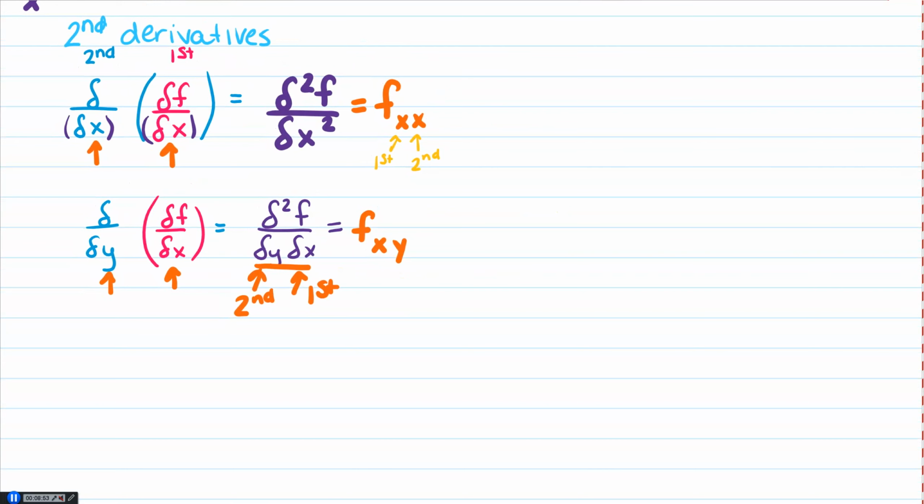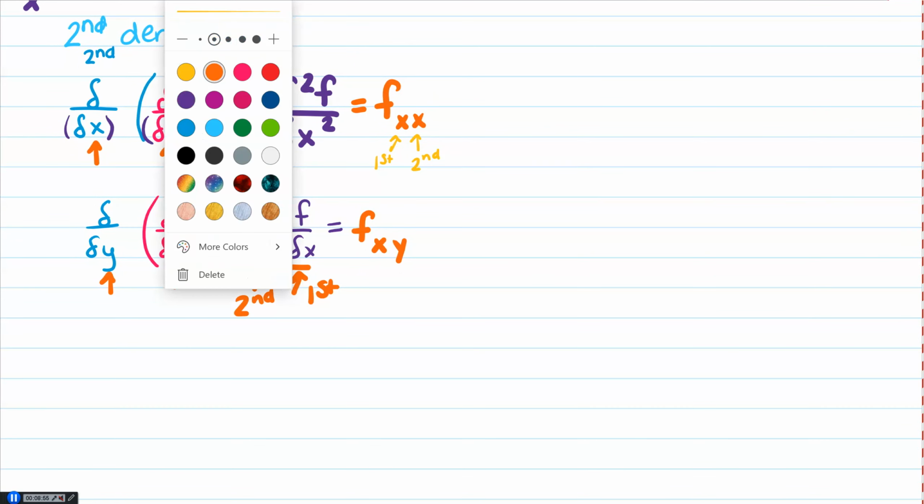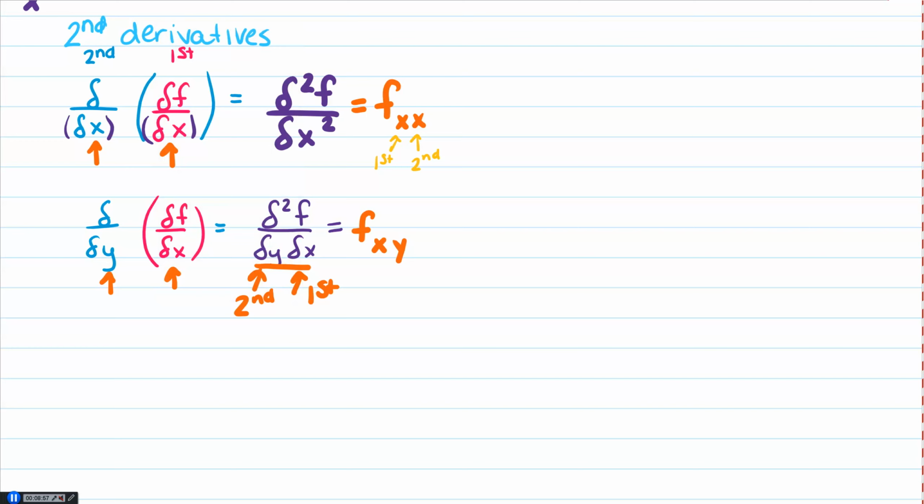So now the other option was that we took the derivative with respect to y first. So df dy, and then after we do that first, then we do the next derivative, say with respect to x.